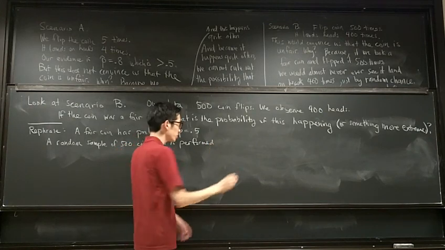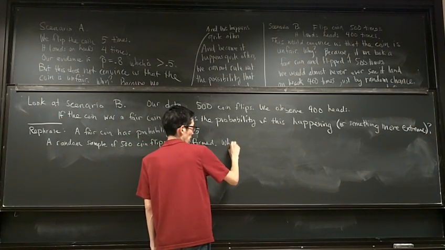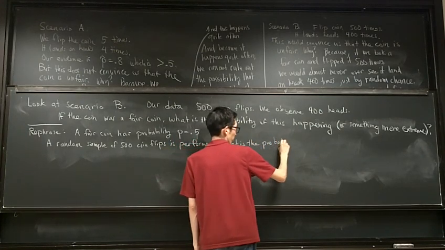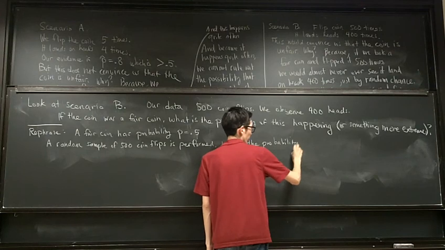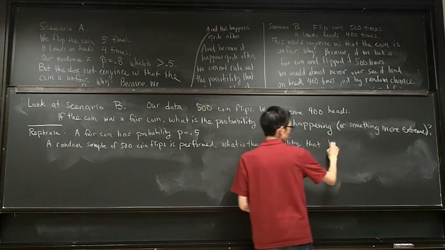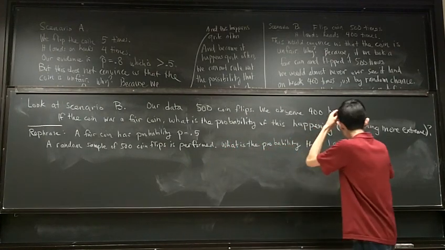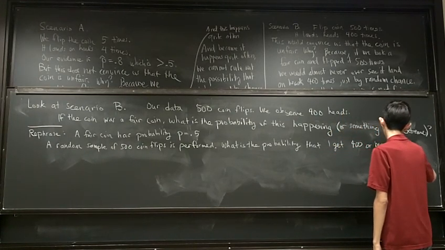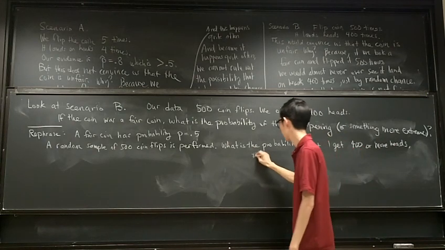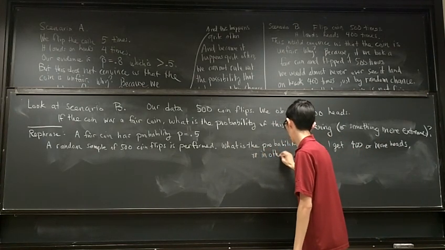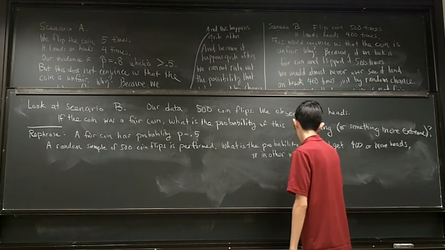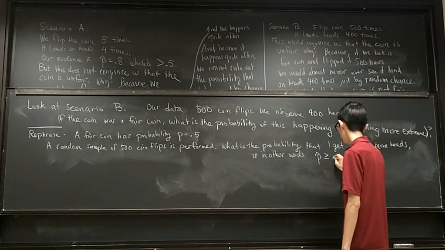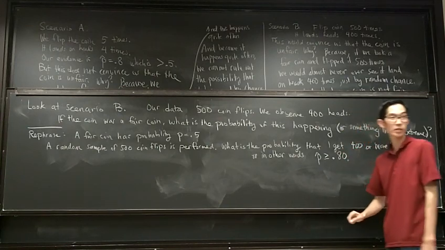What is the probability that I get 400 or more heads? Or in other words, p hat is greater than or equal to 0.8, right?